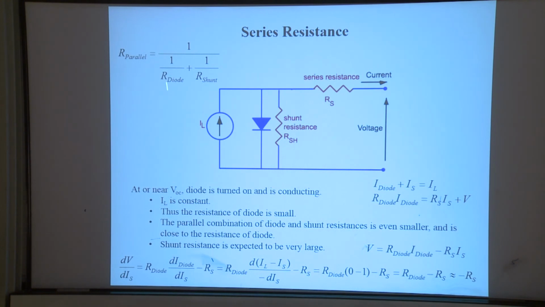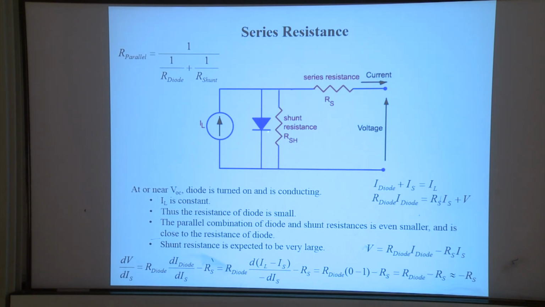Because near VOC, the diode is turned on. The diode is turned on because it's activated by VOC, and it's conducting. And IL is constant because the current is constant, right?